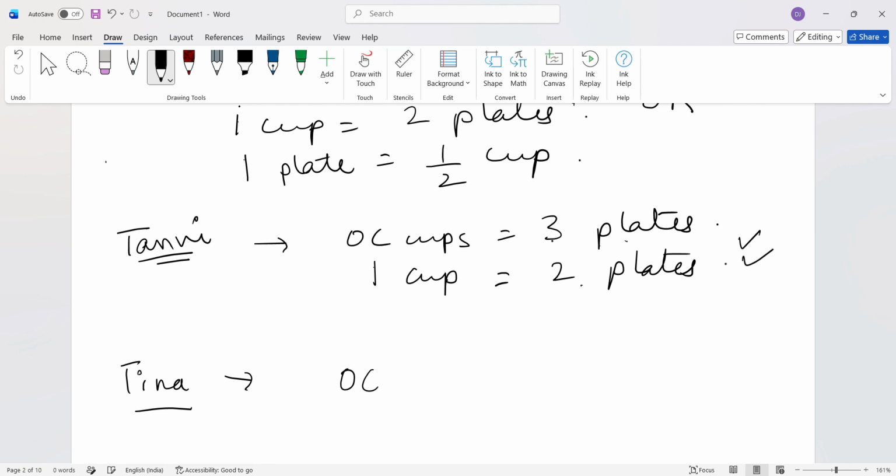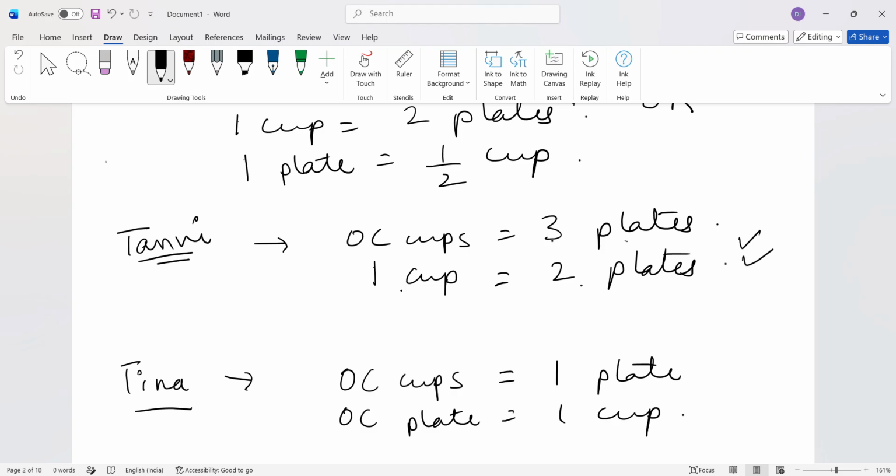For Tina, the opportunity cost for cups was 1 plate. Or I can also say that the opportunity cost for a plate was 1 cup, right?